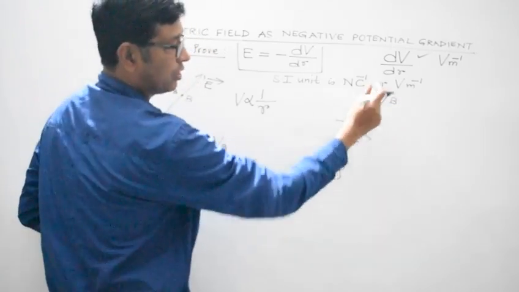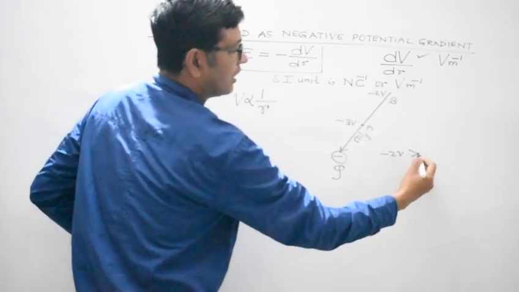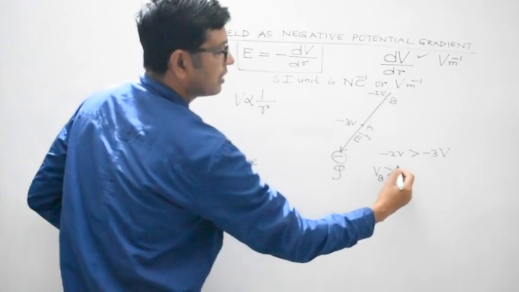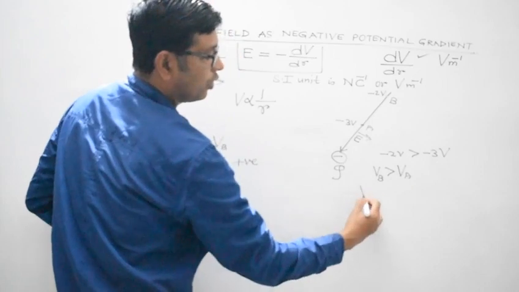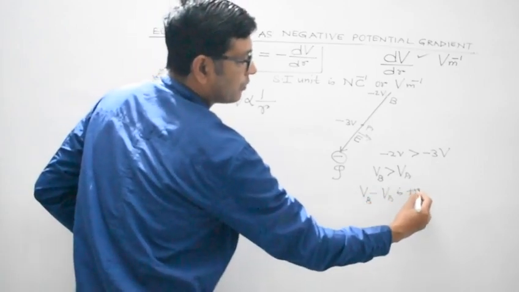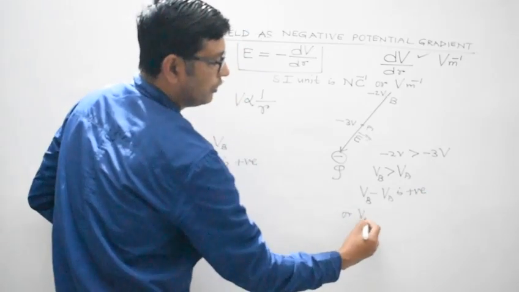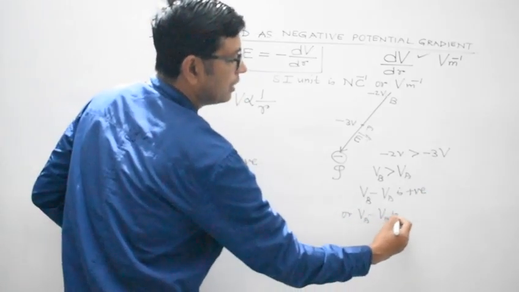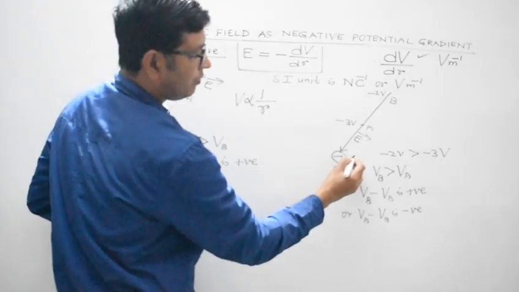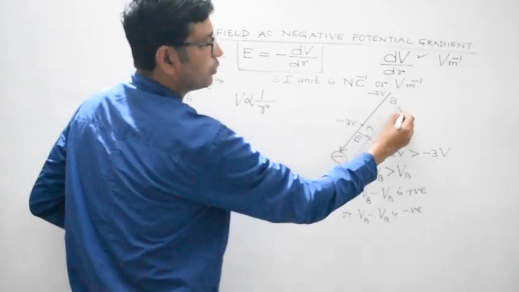Obviously, minus 2 volt is greater than minus 3 volt. Therefore in this case VB is greater than VA, or VB minus VA is positive, or VA minus VB is negative. In this case, this is the direction of increasing potential.